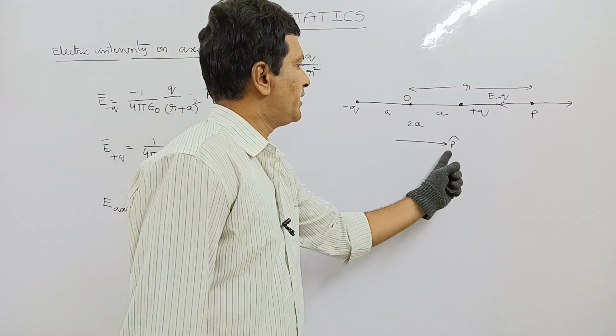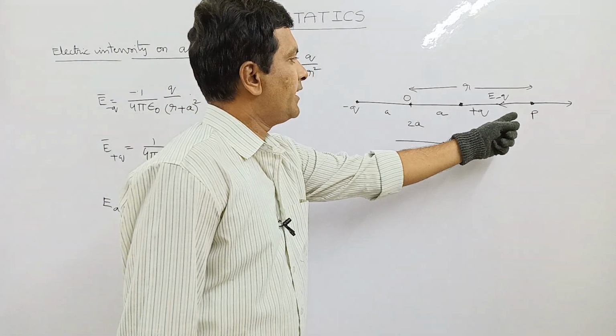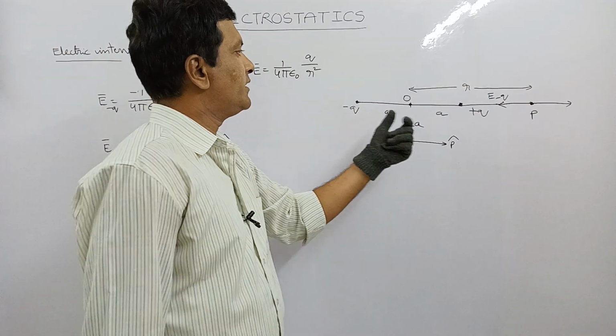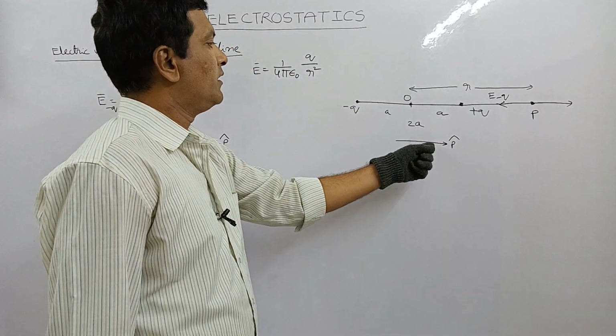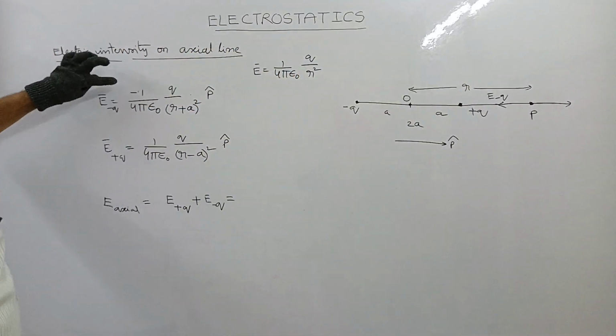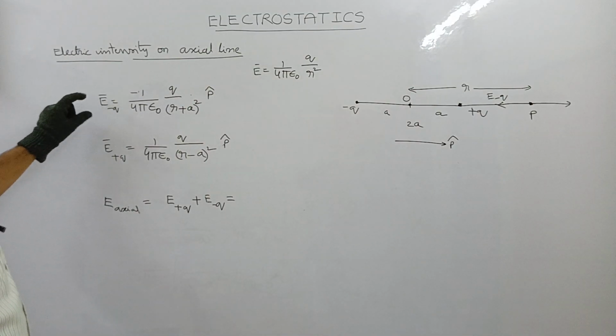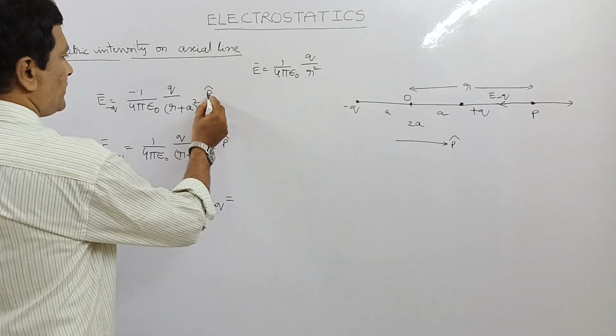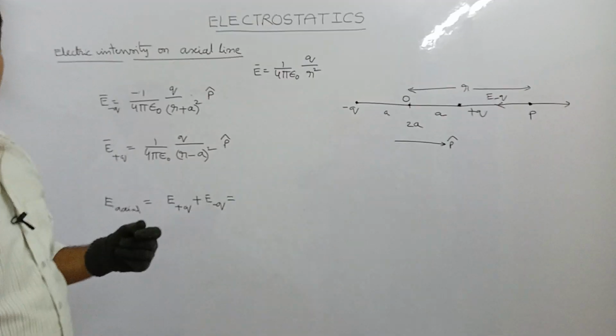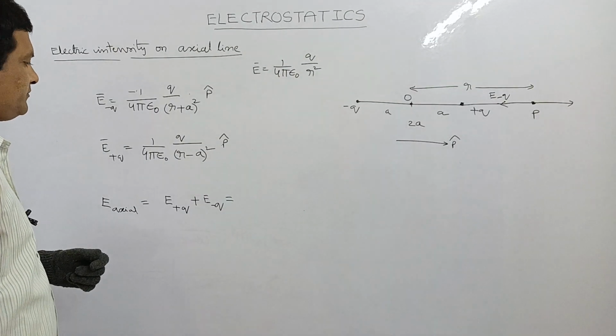This is dipole moment P bar, and the electric field due to this negative charge will be opposite to the direction of dipole. That's why we have taken this minus sign in front of this electric field. P cap is the unit vector of dipole moment.